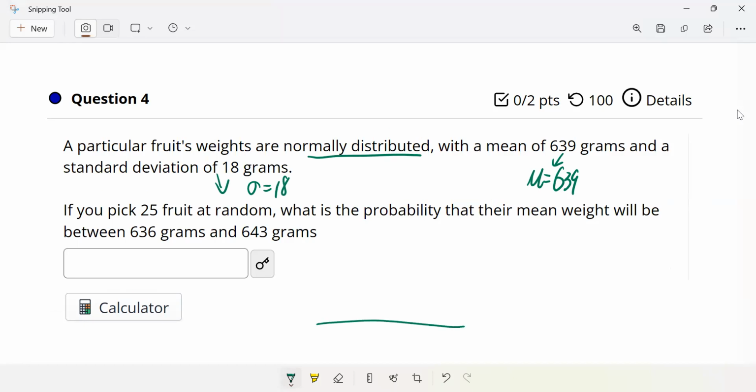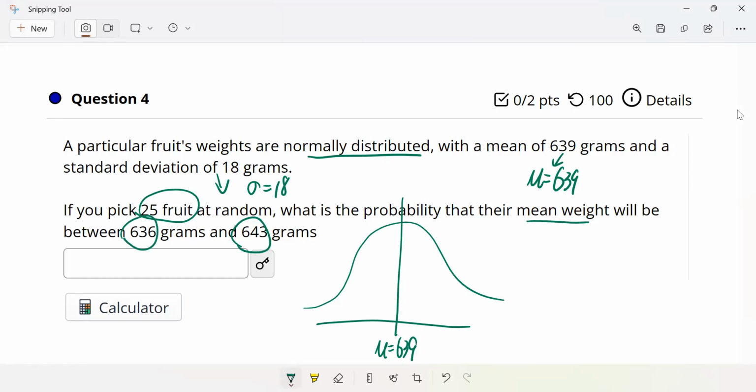So you first draw the bell curve, put the population mean, and then here they pick 25 roots, and they want to find the probability that the average weight is between 636 and 643. So 636 is on the left-hand side, and 643 is on the right-hand side.